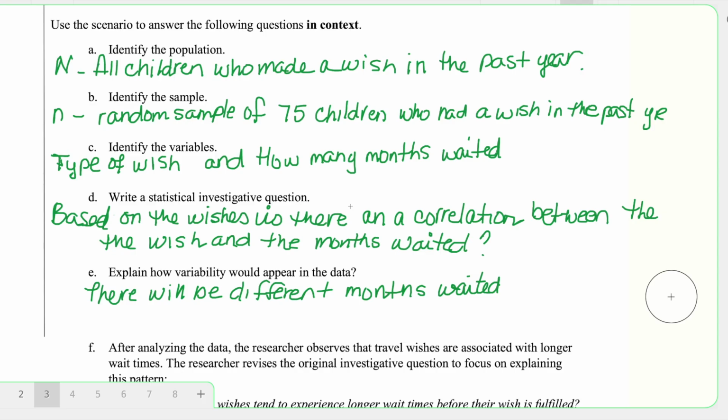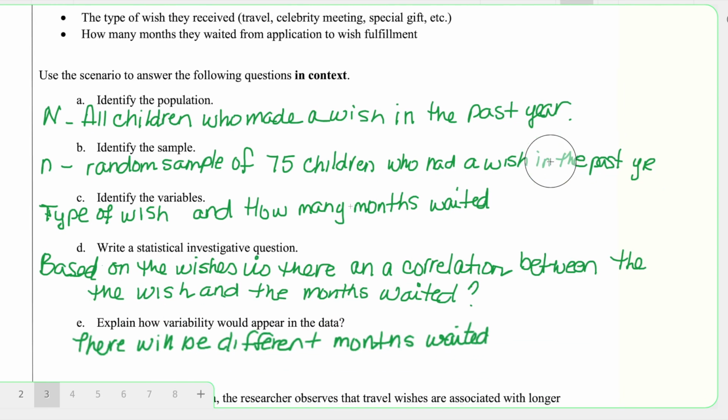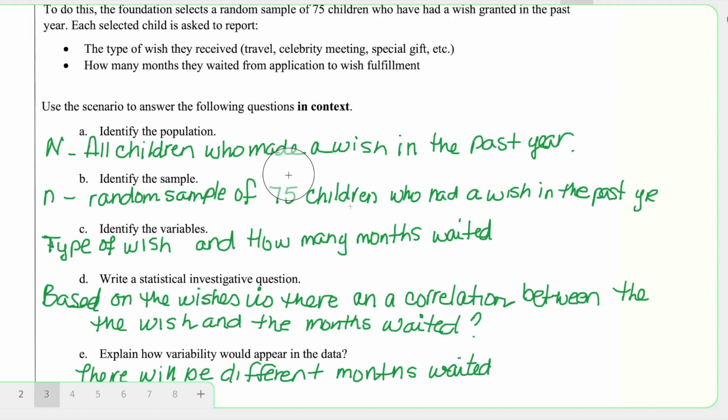Let's look at A, identify the population. We know that the population is all children who made a wish in the past year, because that's what it's asking for here. This is a Wish Foundation grant, and we are looking for the kids that made a wish within the past year. Identify the sample. The sample is that random selection that we're looking for.